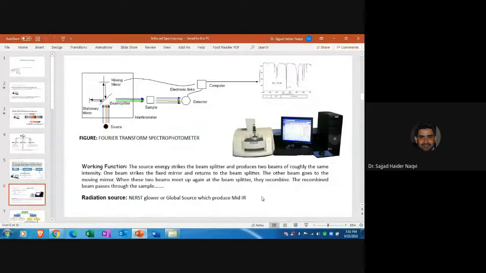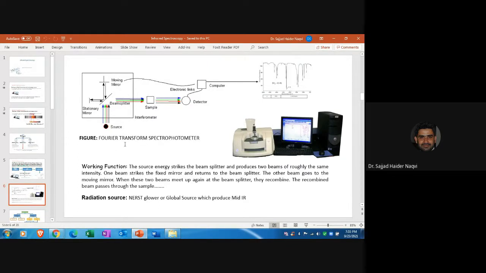This is another diagram, just to give you the process illustration. You can see that this is more of a detailed elaboration of how the functioning of the IR spectroscopy takes place.